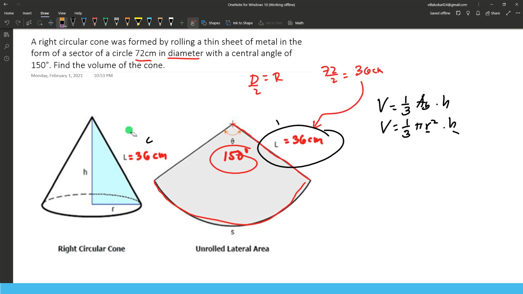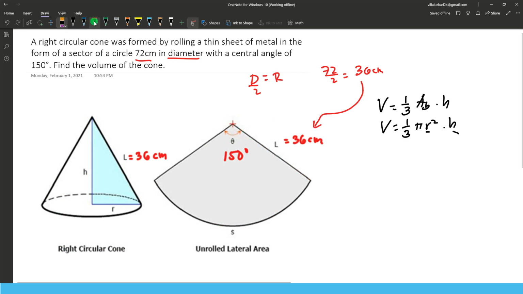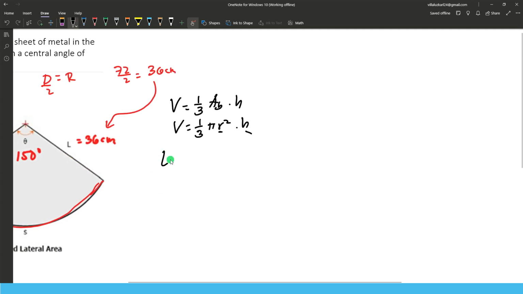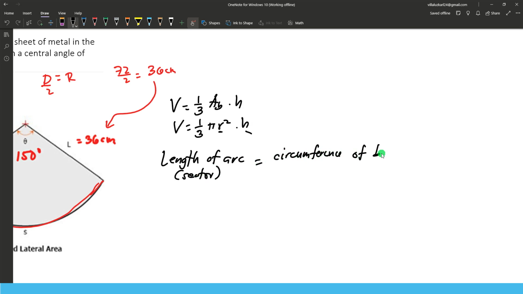The length of the arc when the sector is rolled will be the equivalent circumference of the base of the cone. So equating the two, the length of arc of the sector is equivalent to the circumference of the base of the right circular cone.